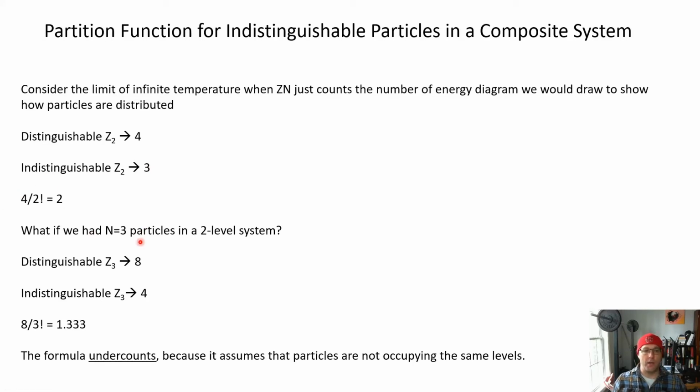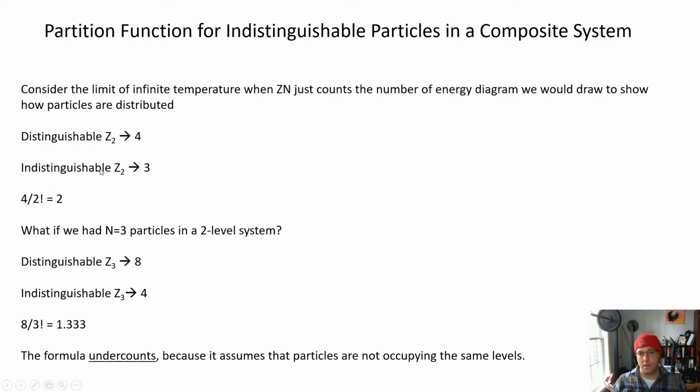Same thing if we had n equals 3 in a 2-level system. Z3 is 2 to the 3rd, which is 8. If it's indistinguishable, you can actually draw those diagrams yourself. Please do that, and you'll see that there are only 4 diagrams. But then the formula that we get gives us 1.33, which actually seems farther off than the case for n equals 2.